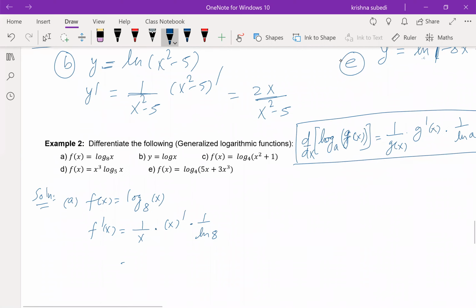But we know that the derivative of x is 1, so basically what we got here is 1 over x ln 8. Done.